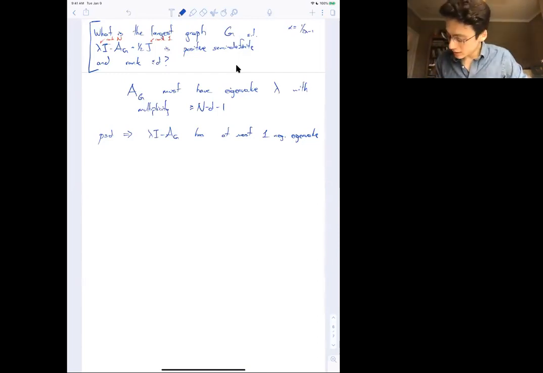So combining these observations, we get that either lambda is the largest eigenvalue of G, or the second largest eigenvalue of G. And in either case, lambda has very high multiplicity.